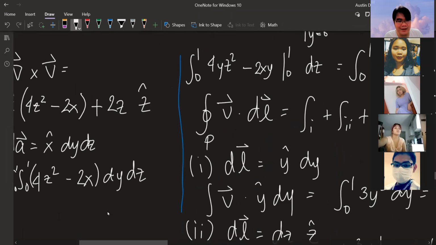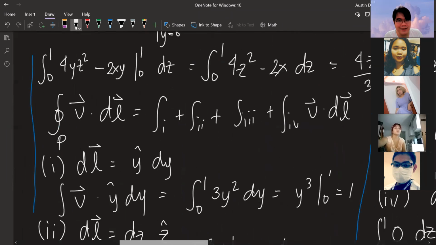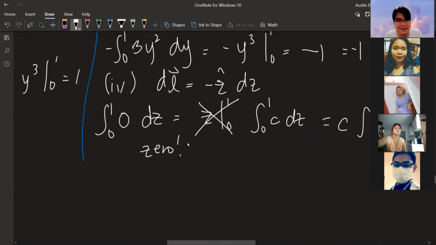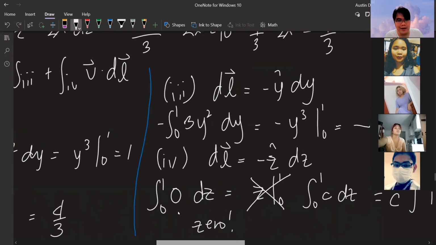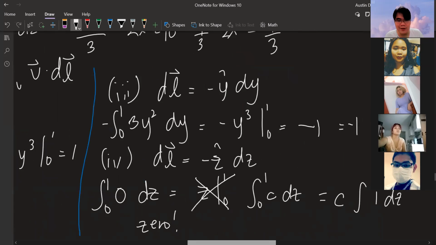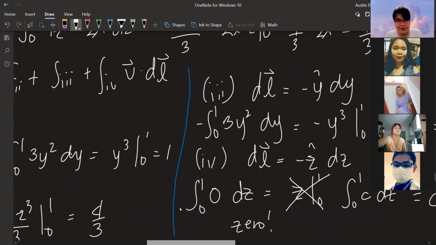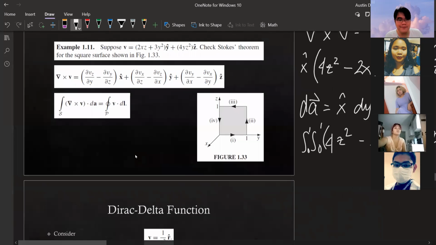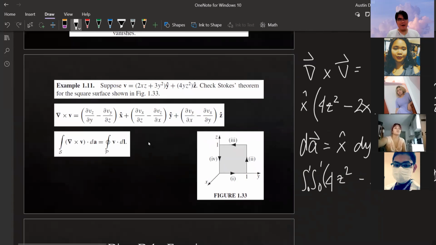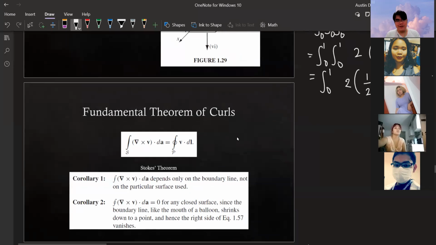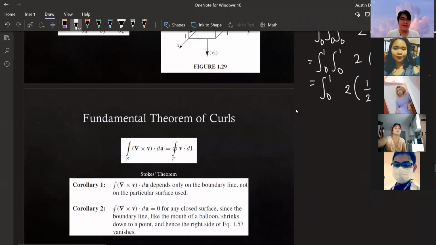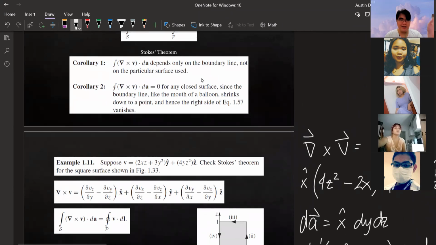Tama? Dahil ito yun. Ayan. Tapos 4/3. Mapansin natin na equal lang din siya sa right-hand side. And that is the point of the exercise or the example. Okay. So, 1 minus 1 plus 4/3 plus 0 is just 4/3. Okay. Equal na. Okay, so ayun yung mga fundamental theorem mo in your del operator. So may curls, may gradient, may divergence, and you can use it in the future problems na gagawin natin.